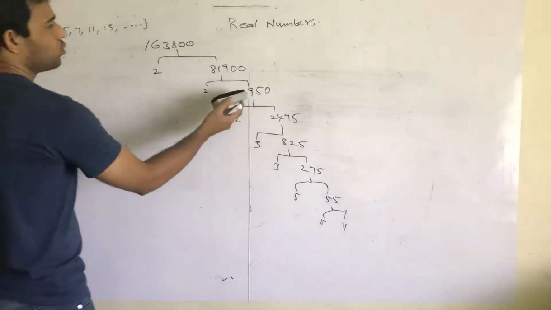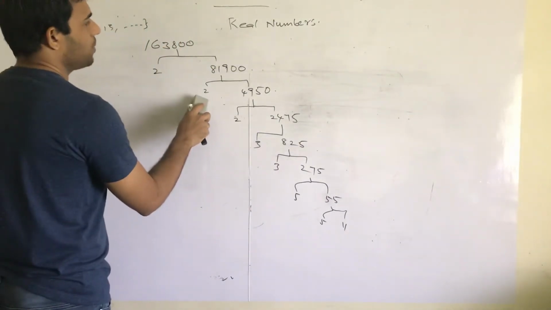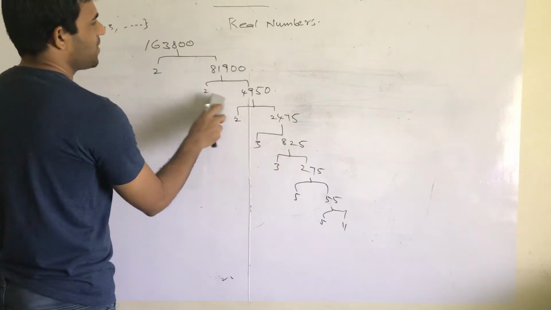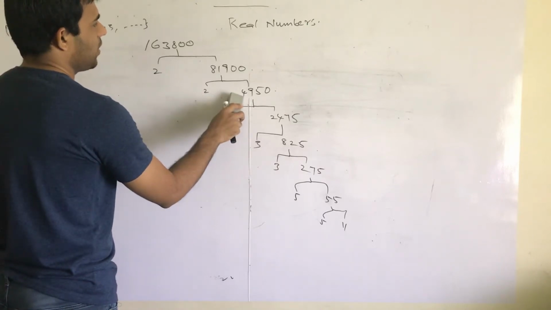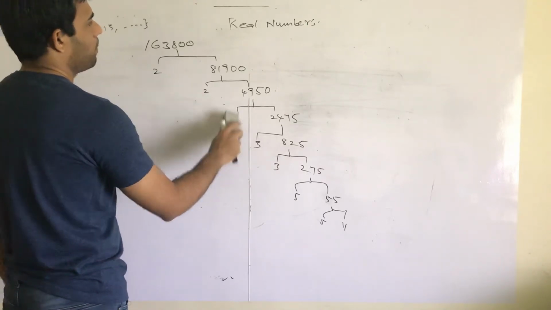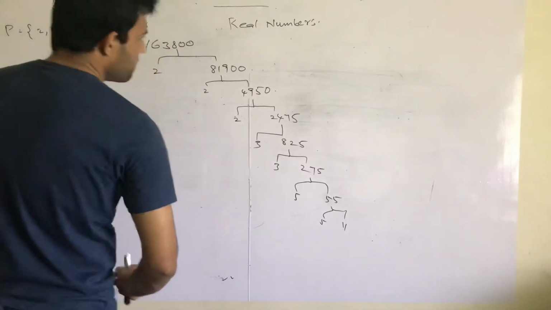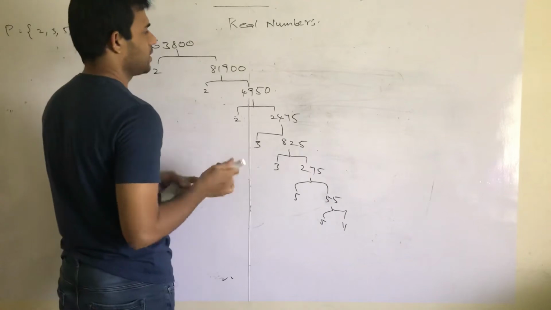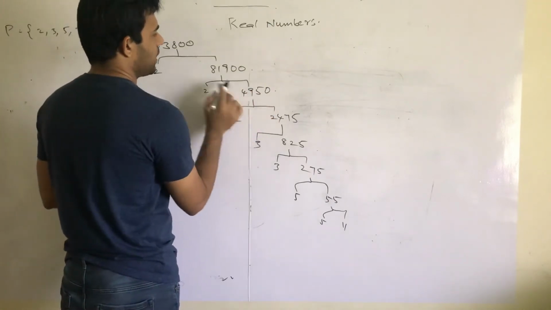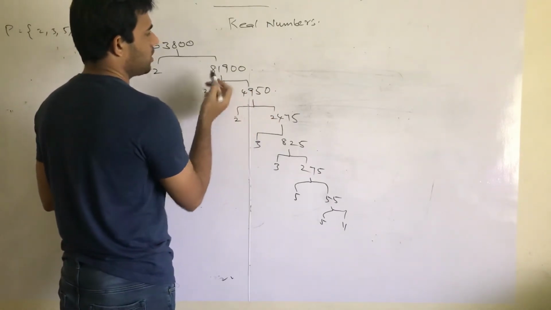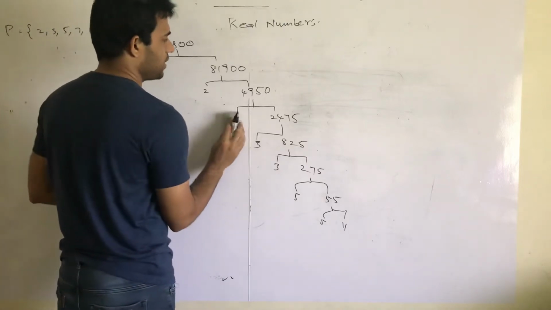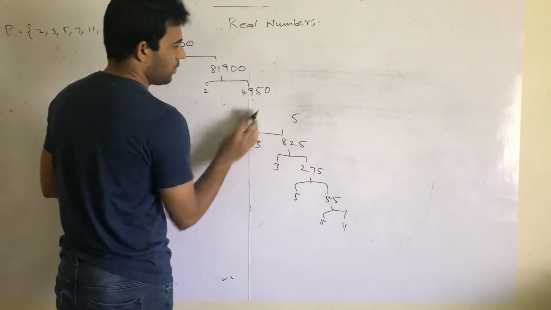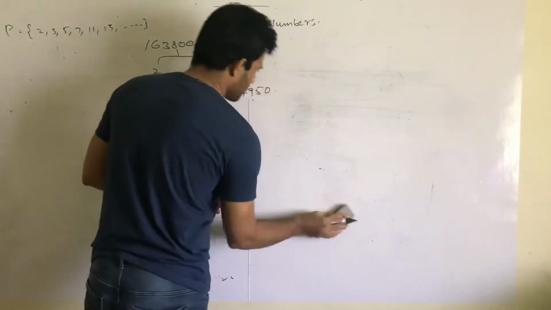This is not true. 2 times is 4. So I made a mistake here. Let's see, guys. So 4950, right? Twice is not 81,000. So I should have checked this, otherwise everything would have gone wrong.